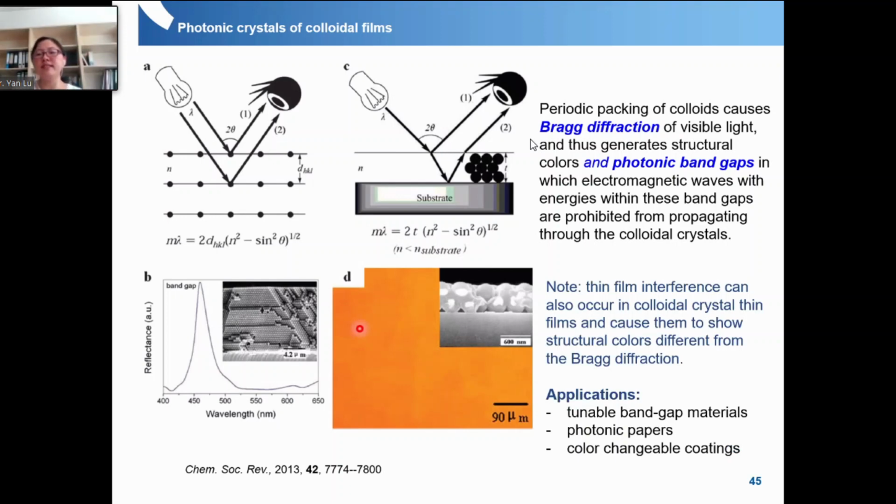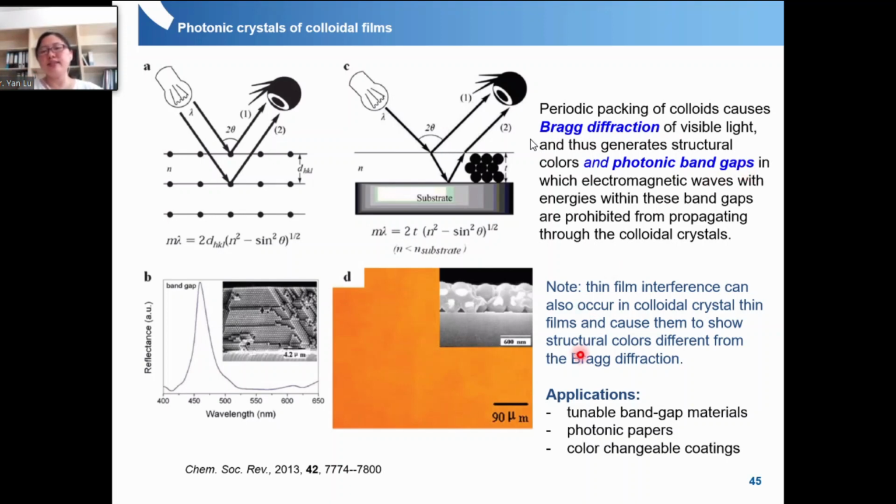Important, of course, you should know that when you tune the band gap into the visible range, you change the color of the film. This is how you understand the system.